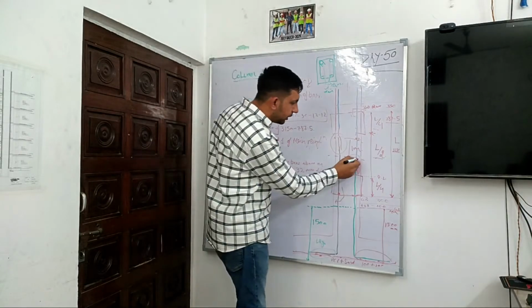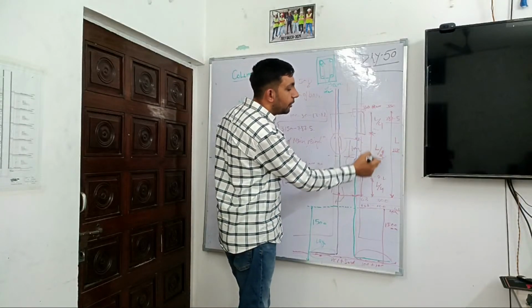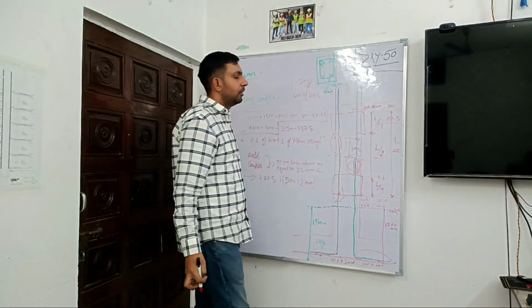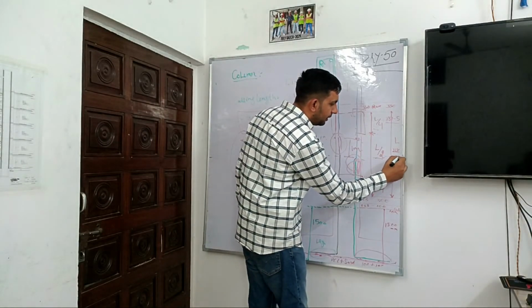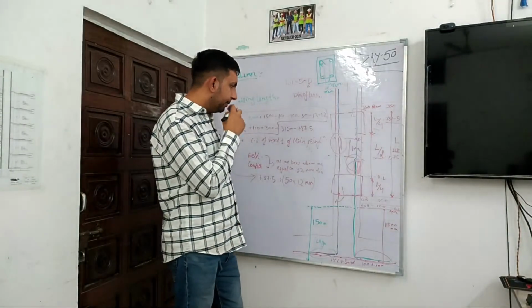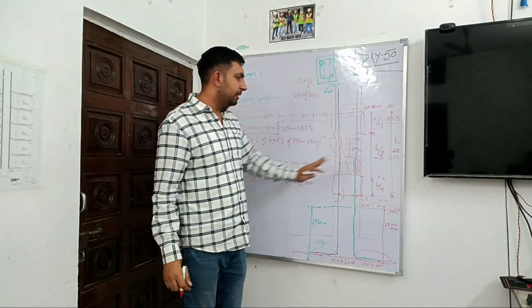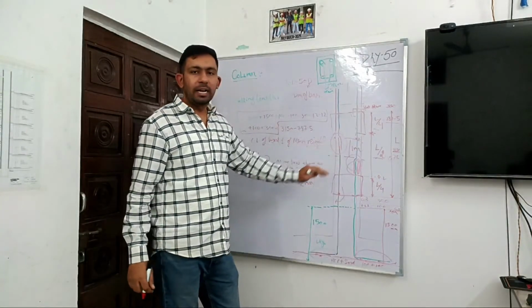Then we will reach here. And for our L by 2 we already know it is 1575. By keeping this gap, we can calculate the 1 meter gap and provide the alternate laps.